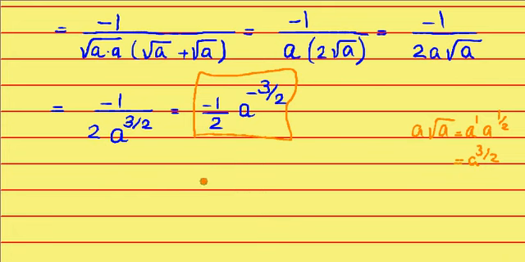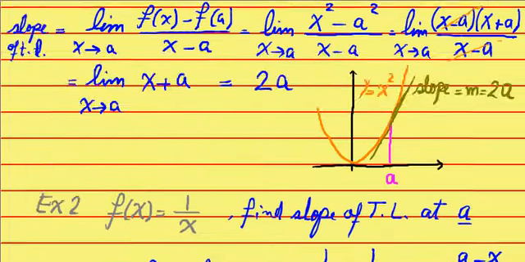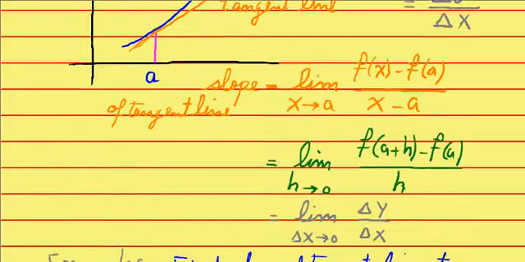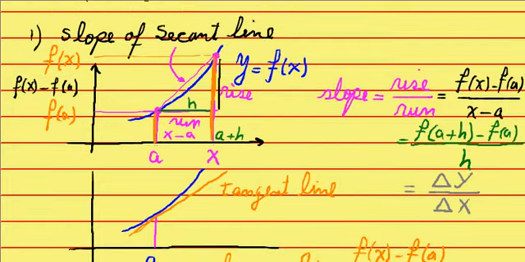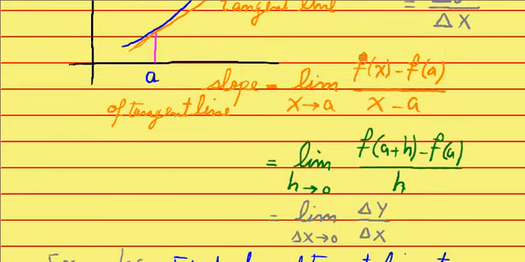Okay, let's have an example by using the other notation we had for finding the slope. We go back and show you. We had 3 different ways of talking about this. You can write it in this notation, calculate the slope of the secant line like this and take a limit.